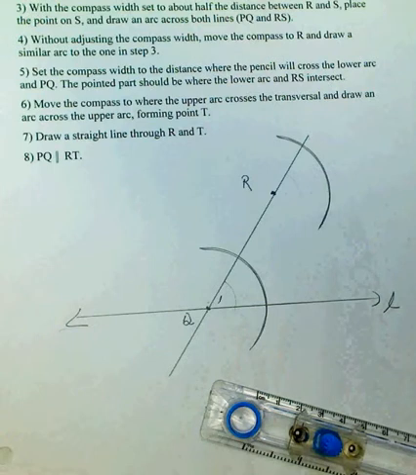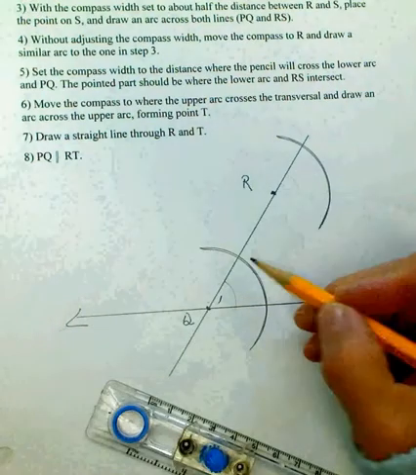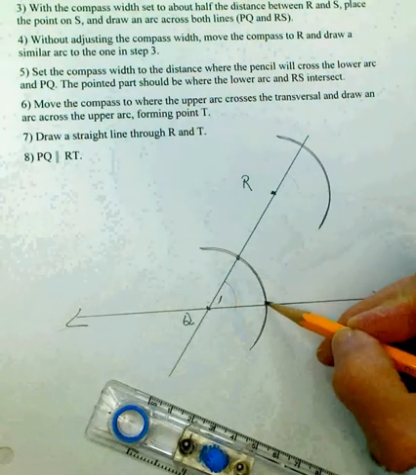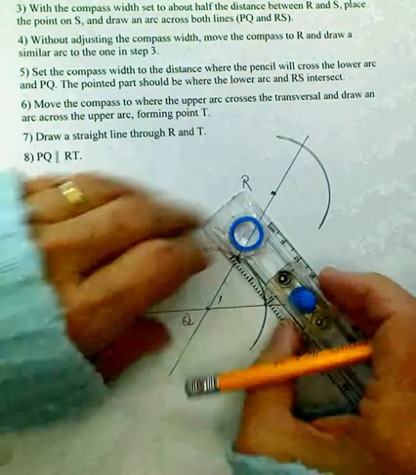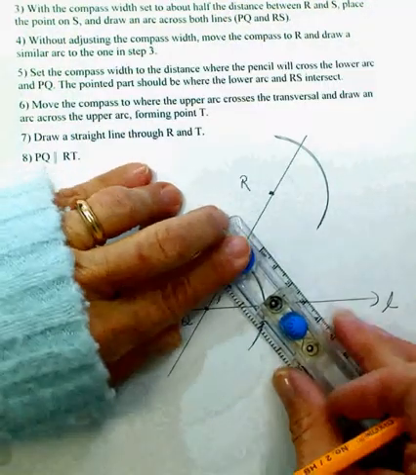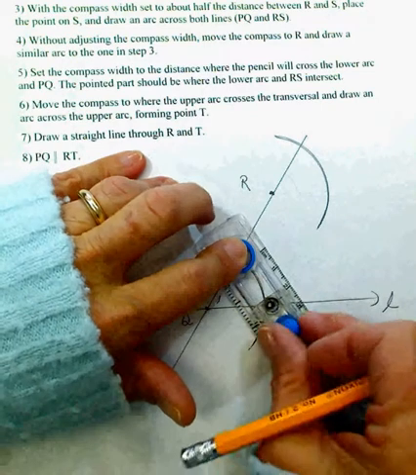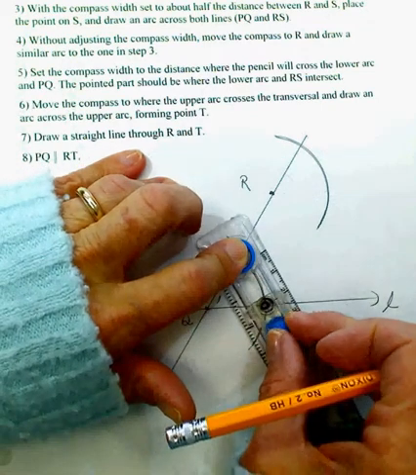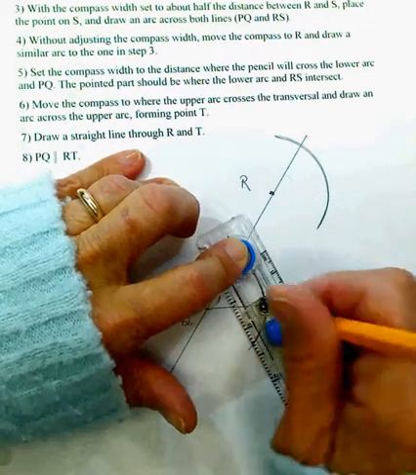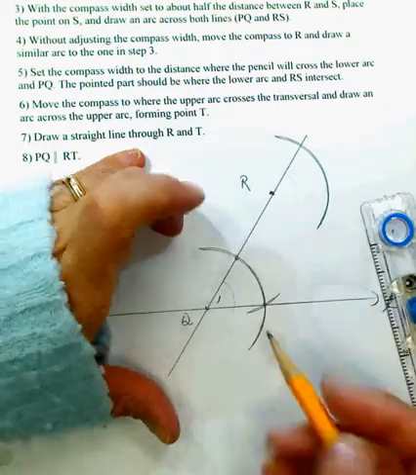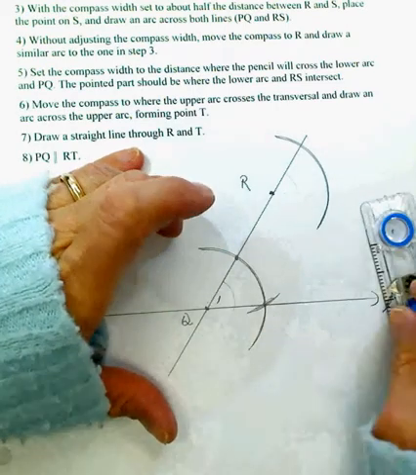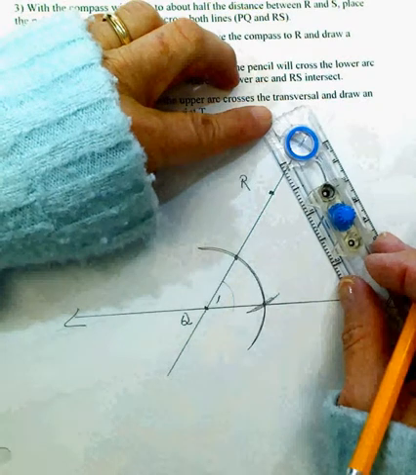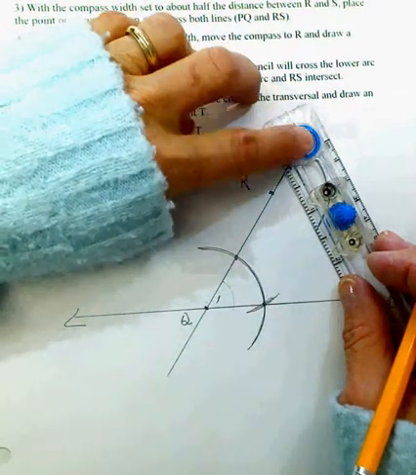Okay. And now, from here to here, we use the radius of our trimen to measure that distance. Adjust it so it's just right. Make sure you check that it's going right through that point. And then we come over here and we do the same thing again.